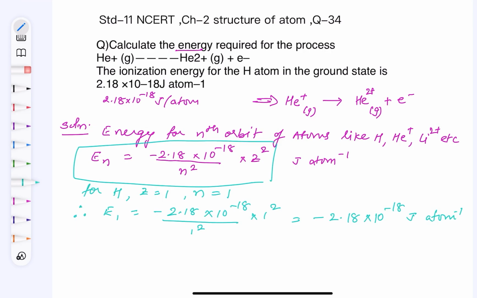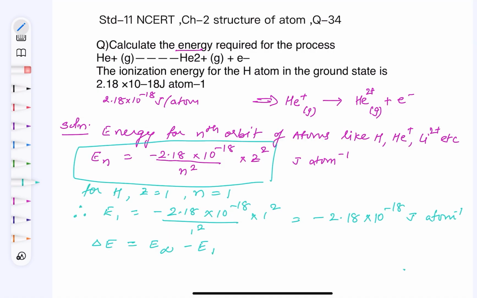Now students, they have given you the ionization energy for hydrogen atom. What do we mean by ionization? Ionization energy for hydrogen atom, delta E, would be the energy at infinity minus the energy of the first orbit.